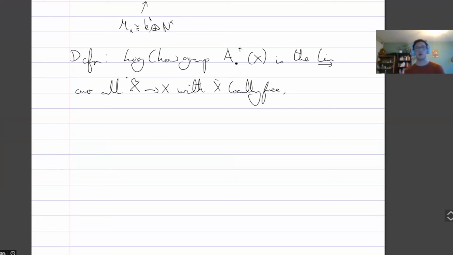So this gives you some objects in a category, and I want to take all log blow-ups between them. So that would be all locally free covers of X between them.